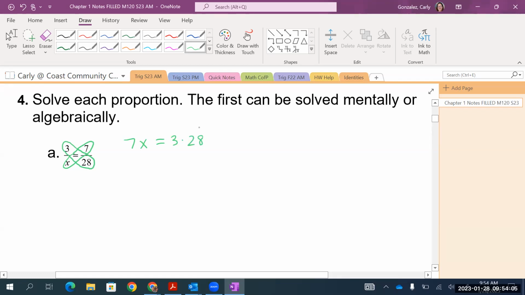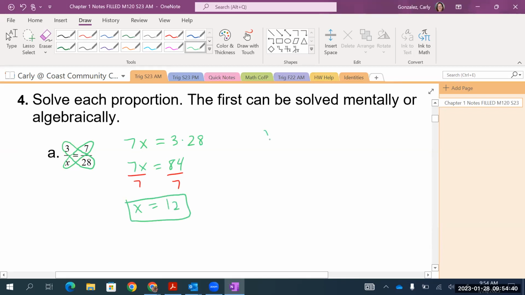Notice the 7 and the x are diagonal from one another, and the 3 and the 28 are diagonal from one another. So now we can multiply 3 times 28 to get 84. And now we have 7x equals 84, which is a very simple equation. Now we just divide both sides by 7, and we have it, x equals 12.